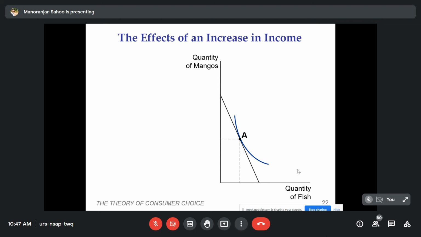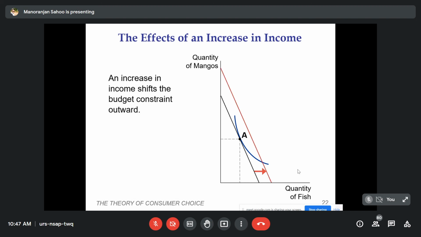Yes, sir. Then what will happen to the effect of income change? If income increases, then only the consumer can attain a higher indifference curve, or a higher happiness.